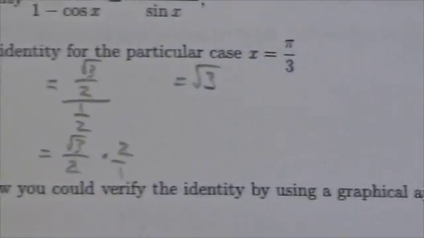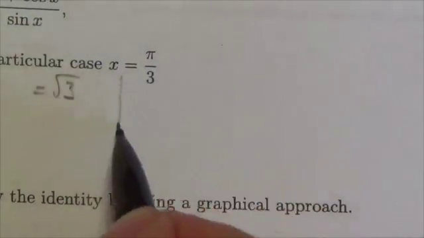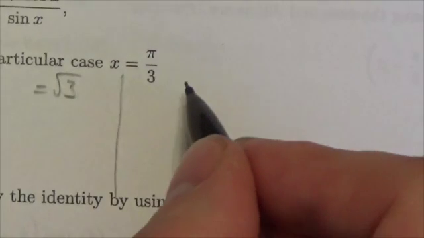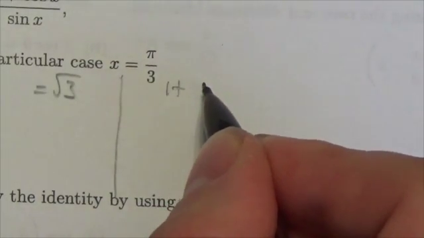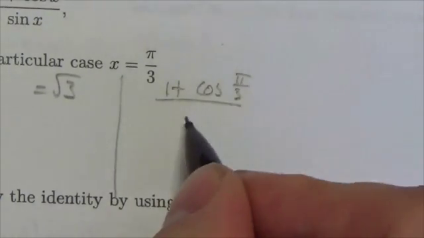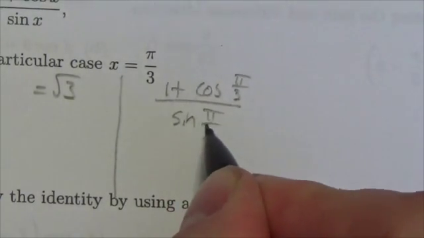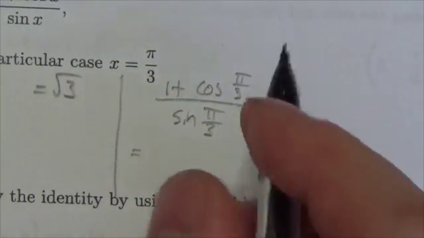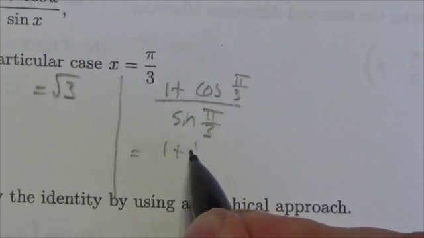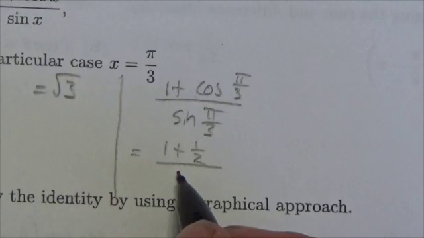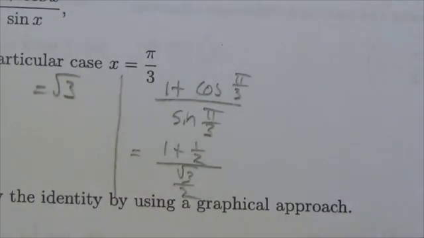So now what we need to show is that if I plug pi over 3 into the other side, I'm going to get root 3. So the other side will be 1 plus cosine of pi over 3 divided by the sine of pi over 3. Okay, and we just saw this. We know that cosine of pi over 3 is just going to be 1 half, and sine of pi over 3 is going to be root 3 over 2.